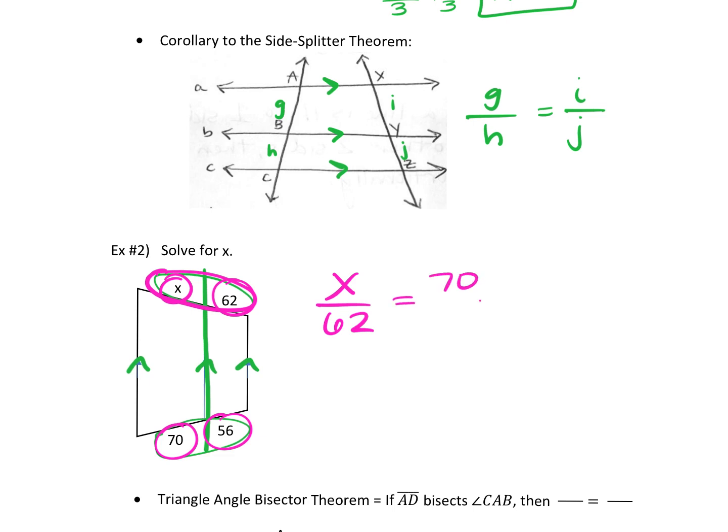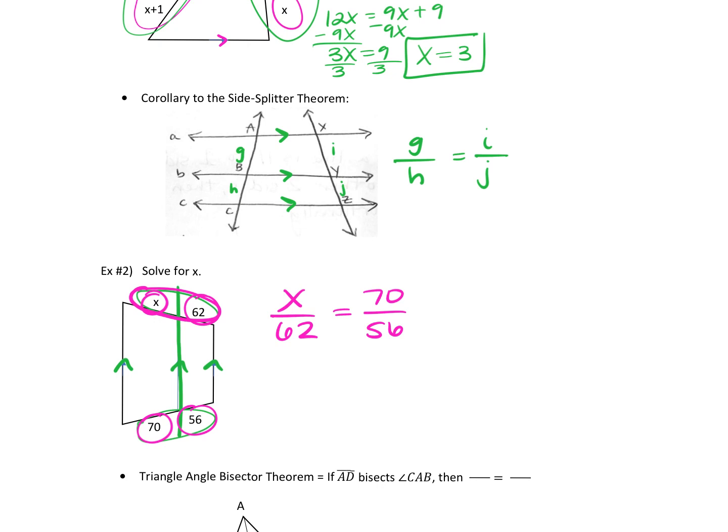So 70 over 56. But properties of proportion say you could have done that the other way. I could have gone 62 over x, but then I got to go 56 over 70. So totally up to you which one you like better.